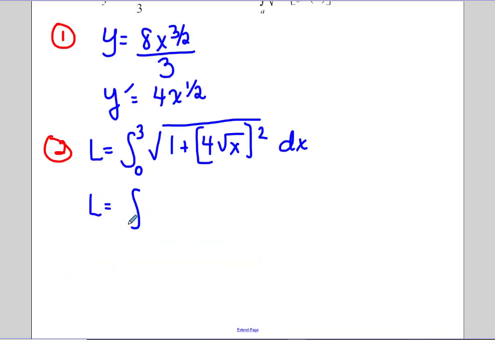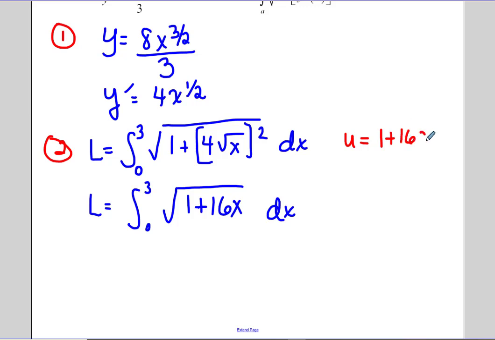So that arc length is going to be the integral from 0 to 3 of the square root of 1 plus 16x dx. And using u substitution here, we could say u is 1 plus 16x.